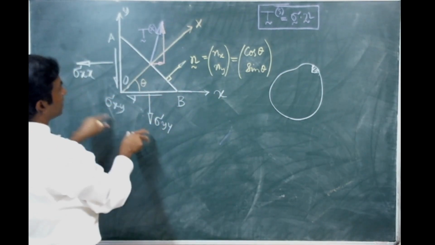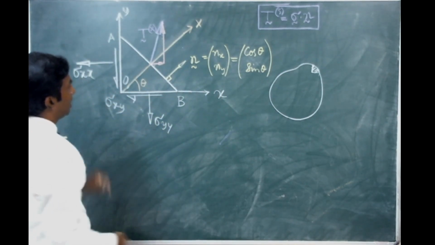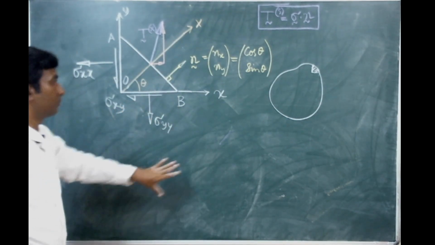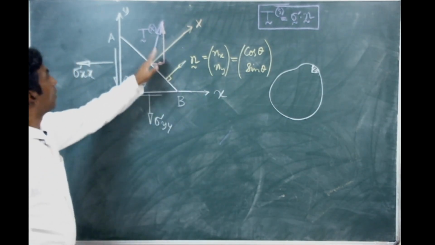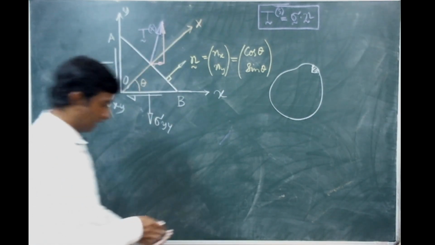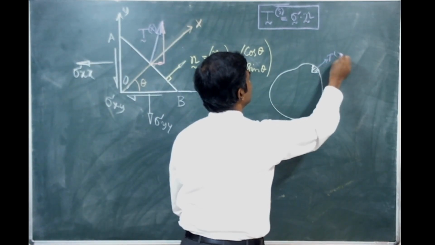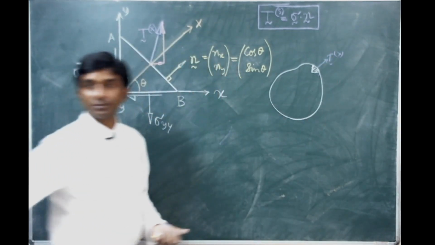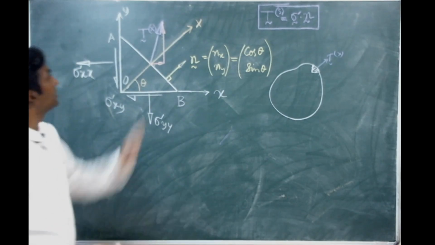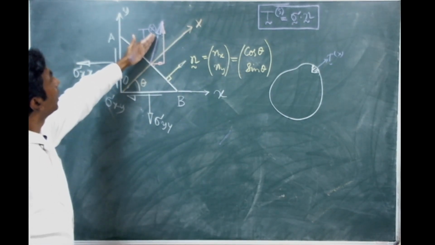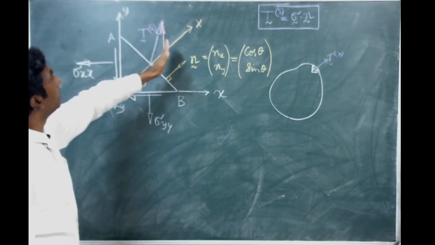Since we have removed the other part, these stresses take care of the effect of the surrounding material. On that face, suppose Tx is acting. This Tx can be resolved along the x-axis and the y-axis.